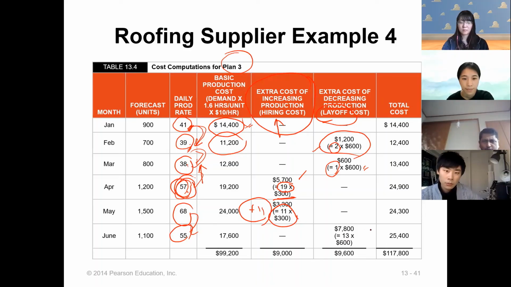So this is the table that you calculate the total cost for the third strategy, which is hiring and firing. So this is the chase strategy. Chase strategy means you follow exactly the demand. 41 is follow demand. 39 is follow demand. So it will incur a total cost of 117,000.